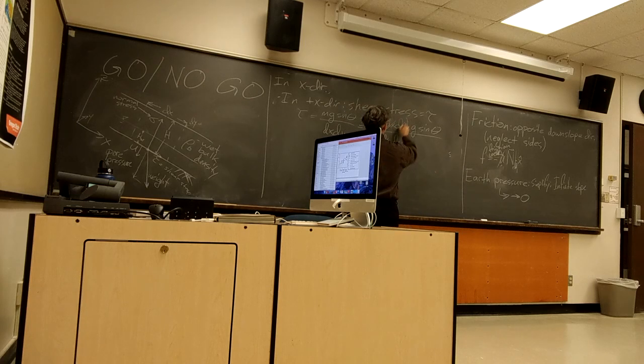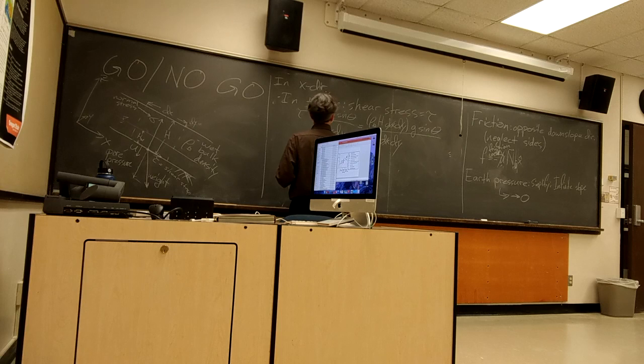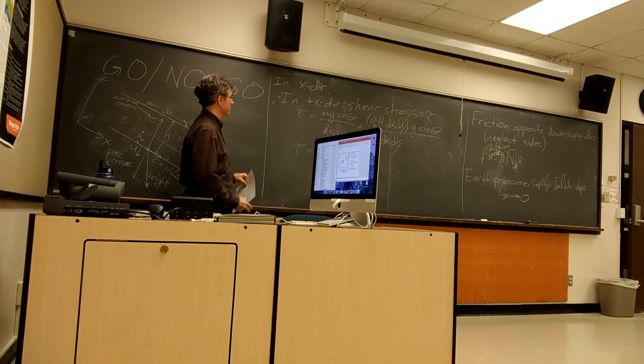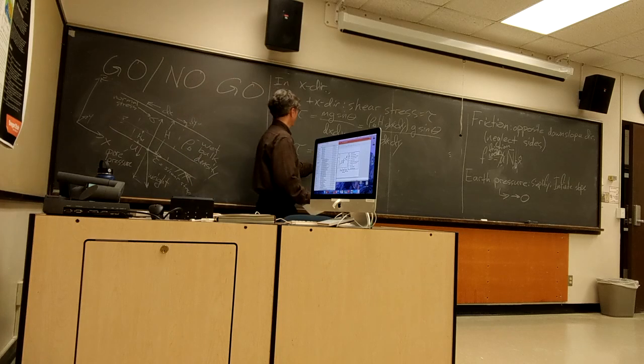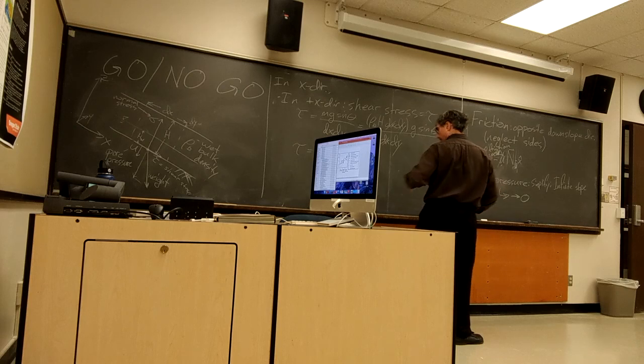Okay, my dx's cancel, my dy's cancel, and I've got this pretty simple form, where that's my shear stress. Just the wet bulk density times the soil thickness times gravity times the sine of the slope angle. And that's it for the positive x direction.